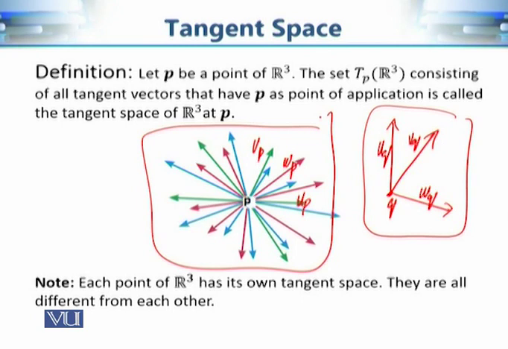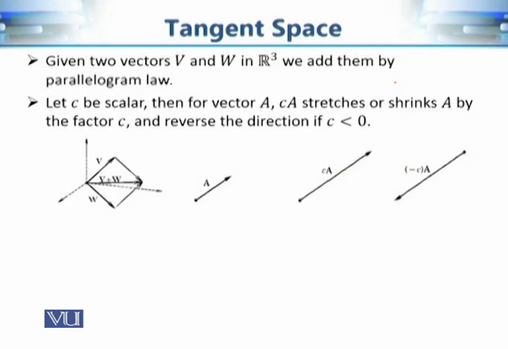Now the next question is, can we quantify the collection of all vectors at point P? So that is our next question. To understand that question, we need to explore addition and scalar multiplication in the tangent space at any point.